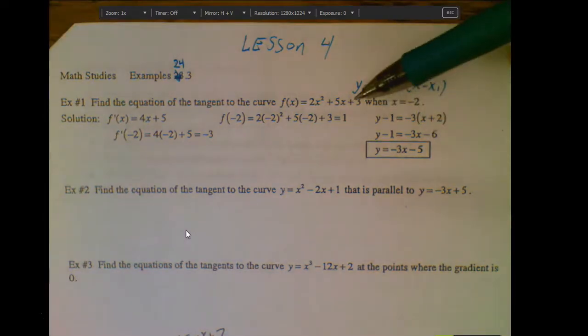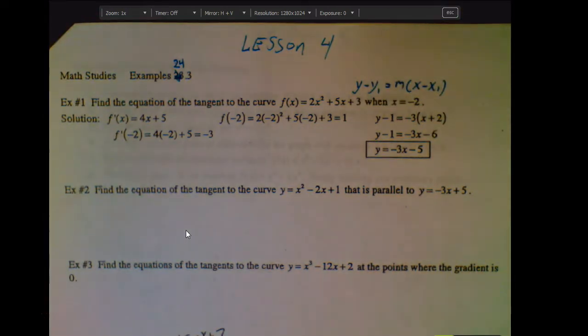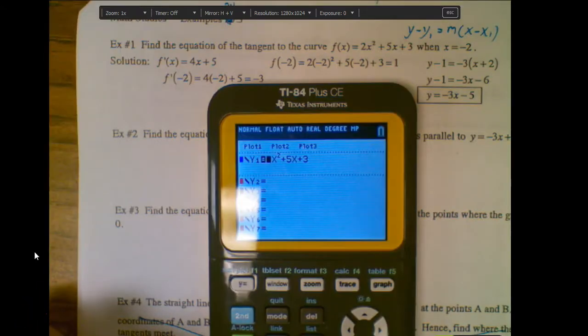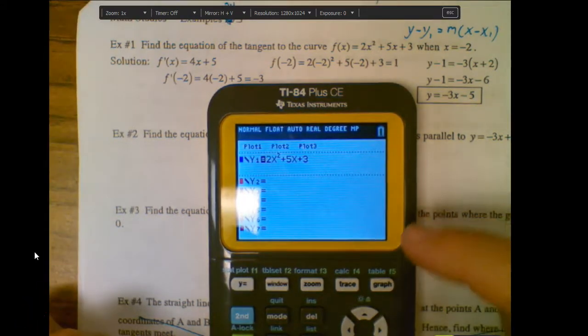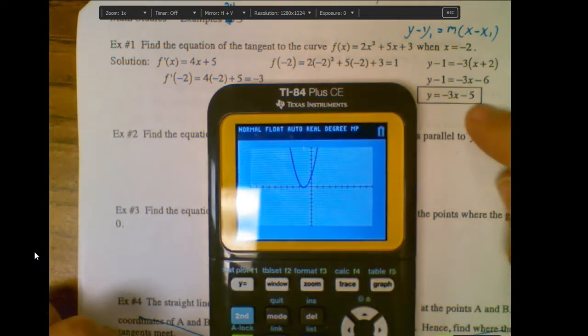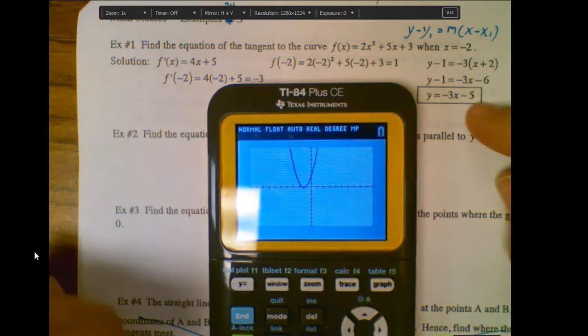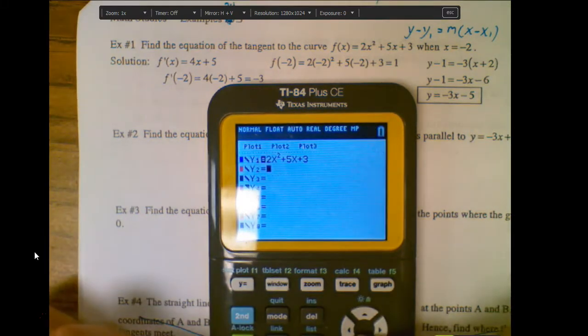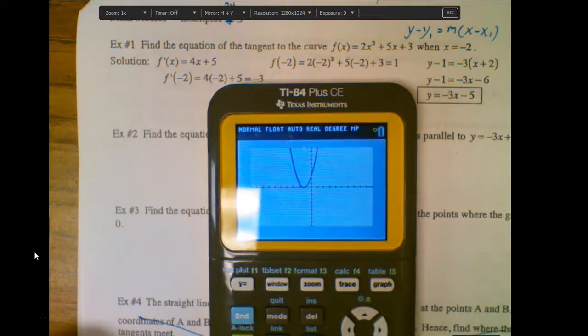So if we were to take a look at the graph, the 2x squared plus 5x plus 3, if we put that into our calculator and graph it, there's the original function. If we graph this tangent line, -3x minus 5, as well, you can see that's just the tangent line.